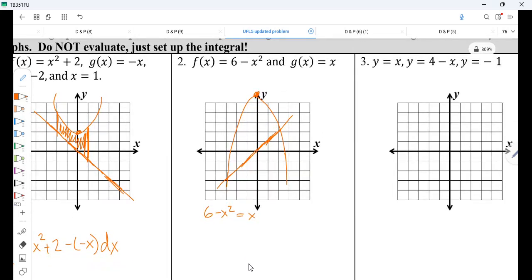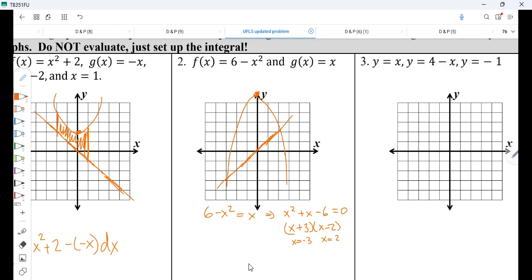So suggestion, bring your x squared term over to the right so it's positive, and you end up with x squared plus x minus 6. Just for space, I'm going to write it this way. X squared plus x minus 6 equals 0, which gives us x plus 3, x minus 2, which means that those values are x equals -3 and x equals 2.